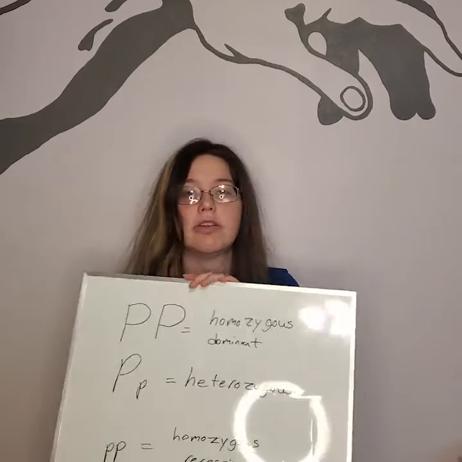So, speaking of homozygous dominant, homozygous is when both alleles are the same, and dominant means the allele would be expressed over the other allele. Recessive means the allele would not be expressed over the other allele. So when we draw it, it looks like this.